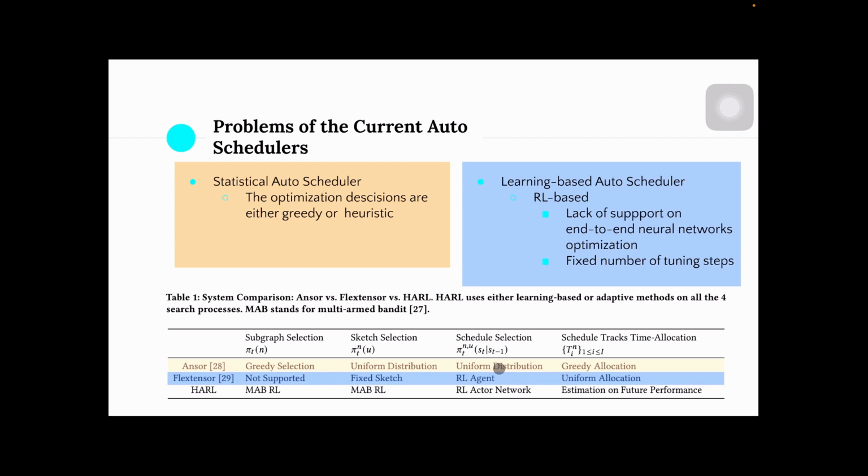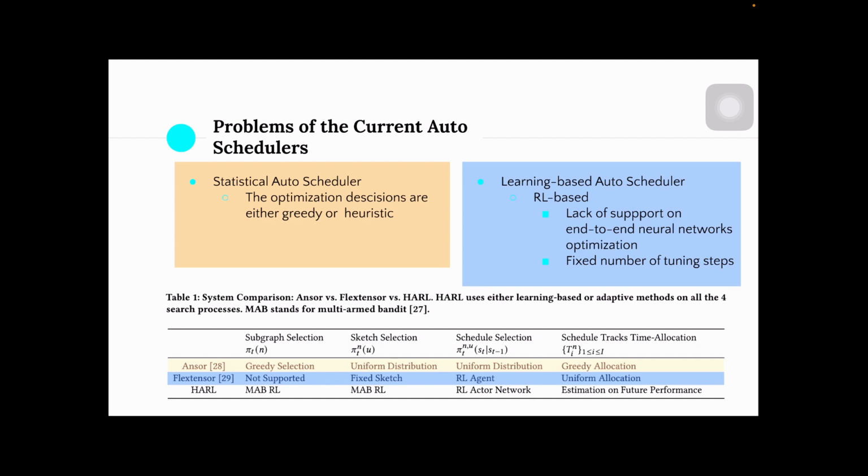And for the learning-based autoschedulers, instead it will use the reinforcement learning-based algorithm to select the next schedule. So this can largely improve the search efficiency. However, for the subgraph selection, it is not supported because the deep learning-based reinforcement learning cannot handle the combination of tensor programs well.